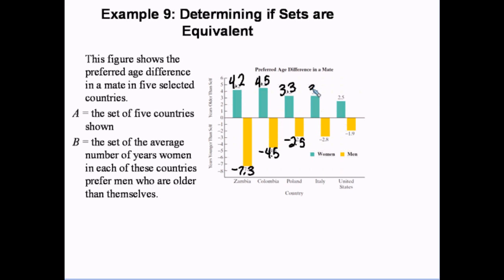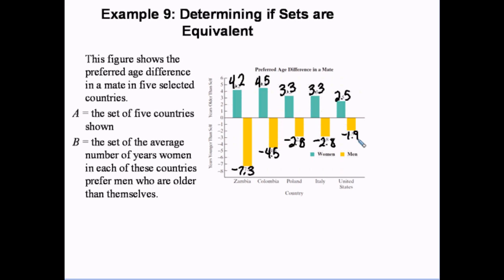In Italy, 3.3 years older or 2.8. Oh, that's an 8. No, sorry. 2.8 years younger on both of those. And in the United States, 2.5 years older or 1.9 years younger, which that's not too far off. America's at the end. Yeah, United States.